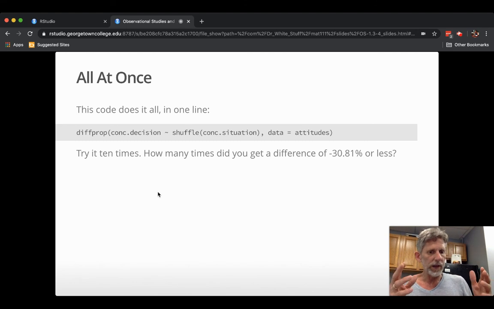So I'm starting to suspect that if the H0 is true, if concert situation has nothing to do with concert decision, then the chance of getting a difference of 30.81% or more is really, really small.